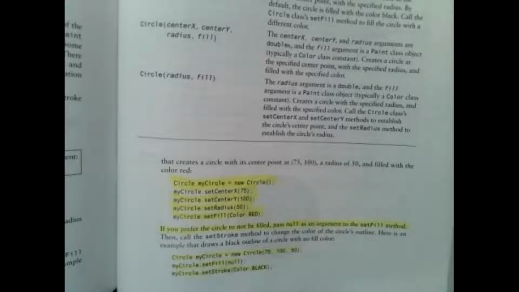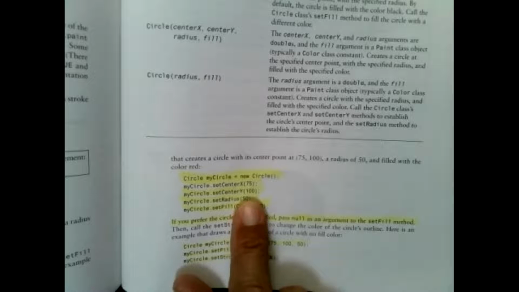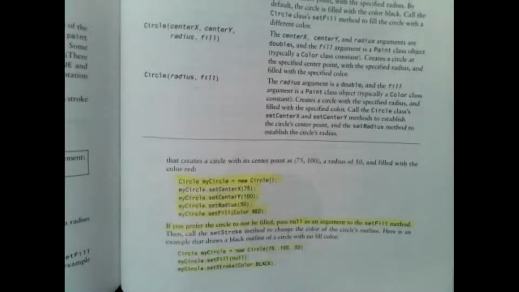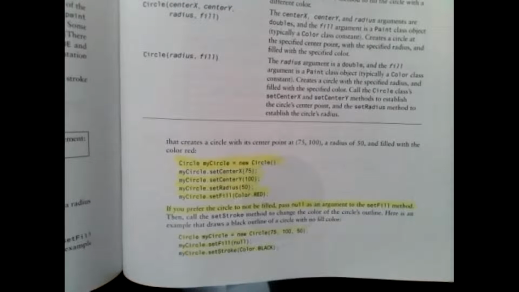If I create a circle, I have an X value and a Y value for my center. I can set radius. Methods come along with every class, and here's some methods. This goes way back to chapter 5 when we talked about sets and gets and why our accessors and mutators, we want them to be set and get because that's just consistent with what you see in classes.